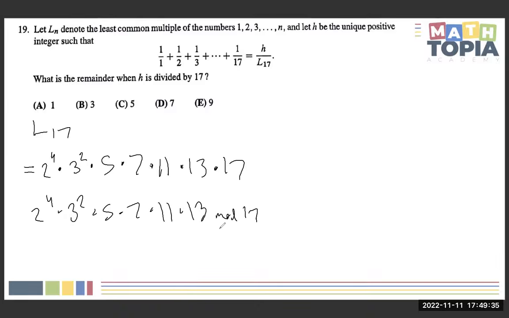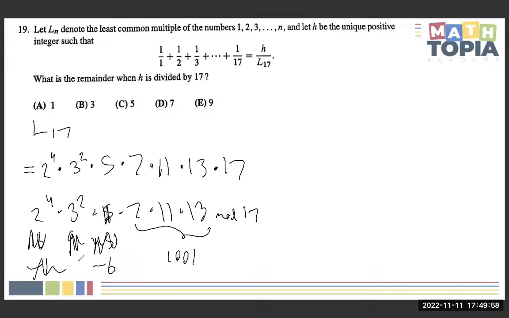All right, so now you can just repeatedly multiply and take remainders until you get the answer. I'm just going to do it the fastest way possible, which is 7 times 11 times 13 equals 1001. This is 16, this is 9. 9 times 5 is 45, and 17 times 3 is 51, so this is actually -6, and this is -1.